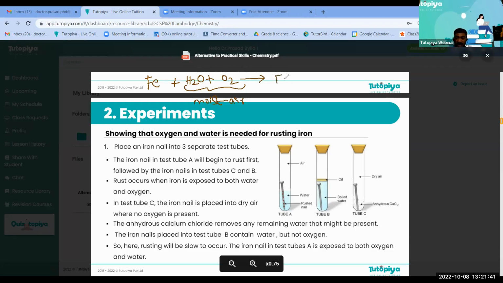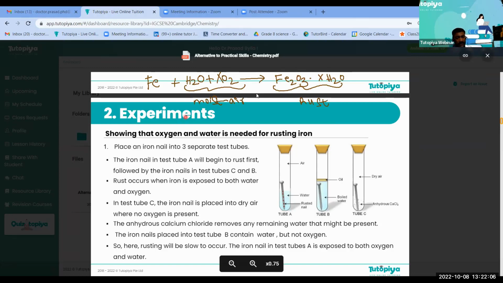You get rust. And what is that rust? Rust is ferric oxide, hydrated ferric oxide, Fe2O3.xH2O. This is rust. Fe2O3 is called ferric oxide. That's not rust. Just Fe2O3 is not rust. It's just a brown product. But hydrated ferric oxide is rust.